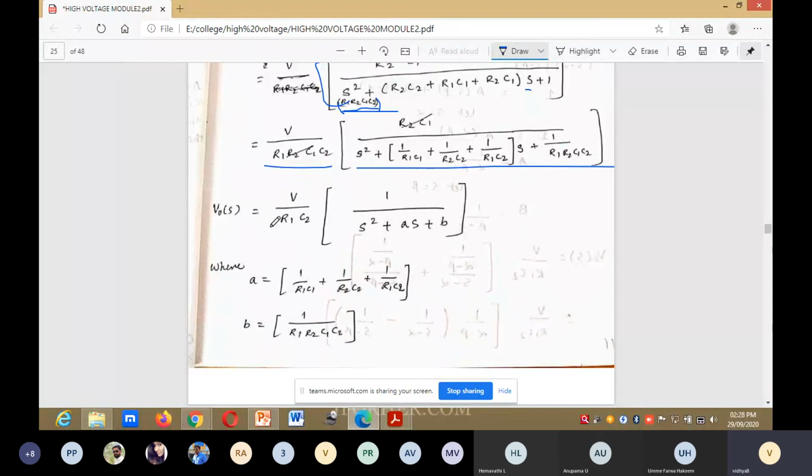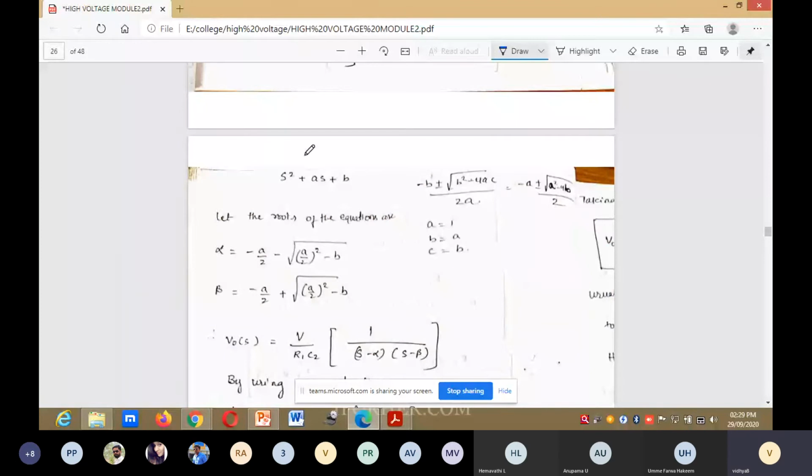Next, V naught of S is equal to V divided by R1 C2, here R2 gets cancelled and C1 gets cancelled, times 1 divided by S square plus A into S plus B. A is equal to 1 divided by R1 C1 plus 1 divided by R2 C2 plus 1 divided by R1 C2. B is equal to 1 divided by R1 R2 C1 C2.